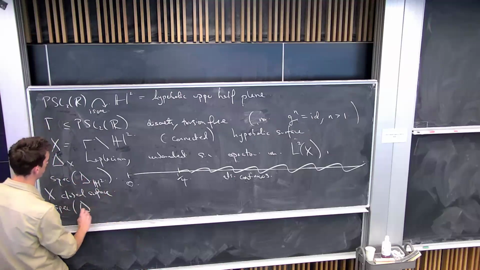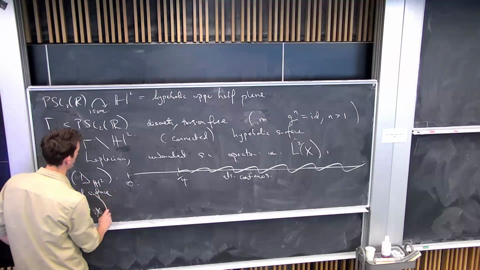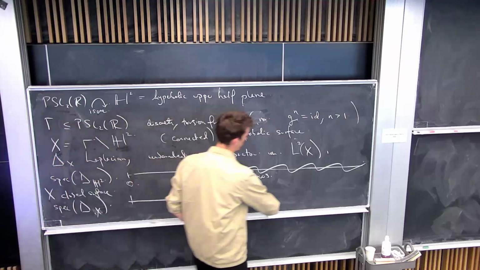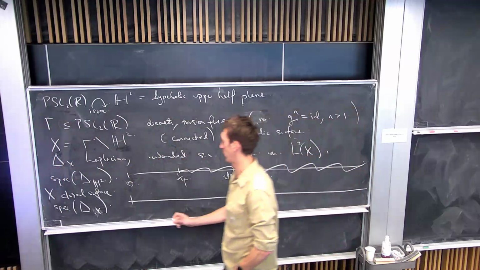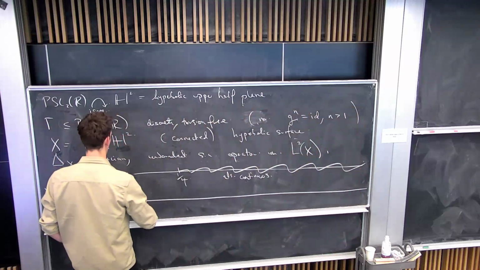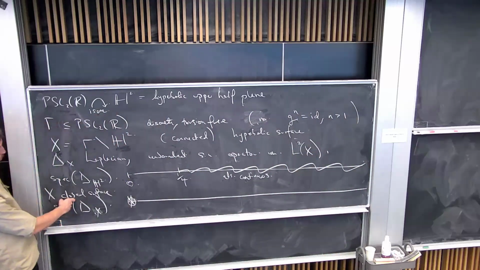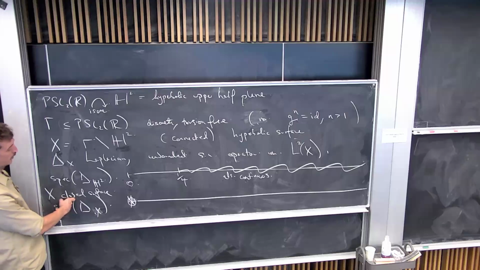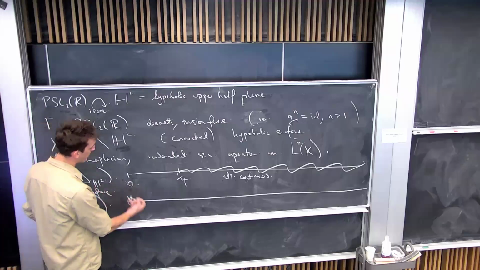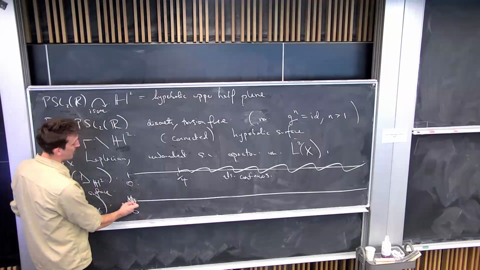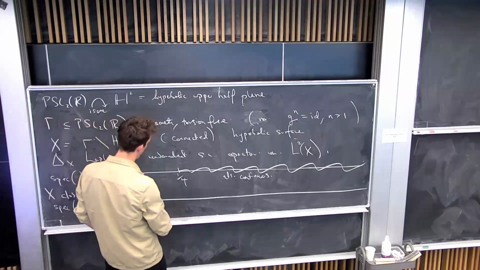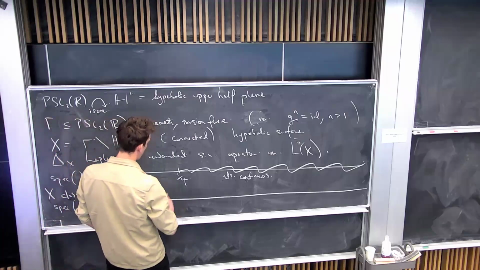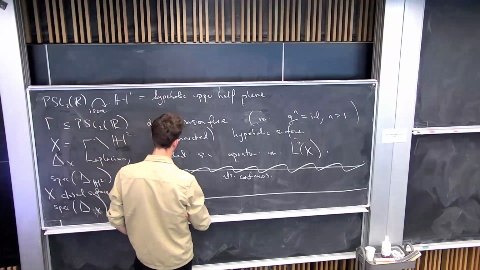I mean, everyone here knows. You have a compact resolvent, and therefore you have a discrete spectrum. In this case, being closed means that you have finite area, and therefore the constant functions are in L2. So you have 0 as an eigenvalue, and then you have infinitely many discrete eigenvalues.